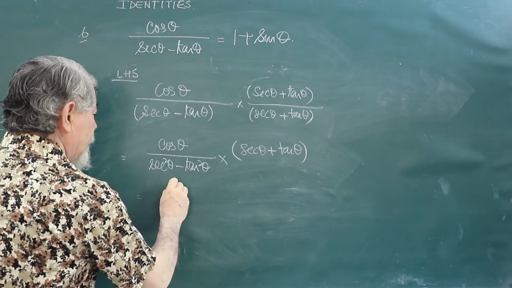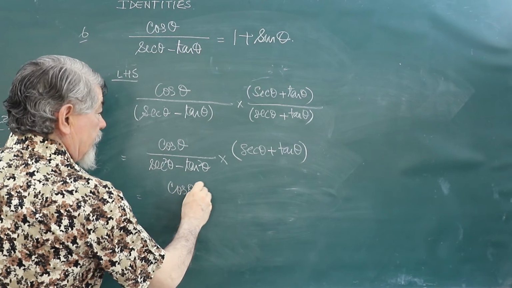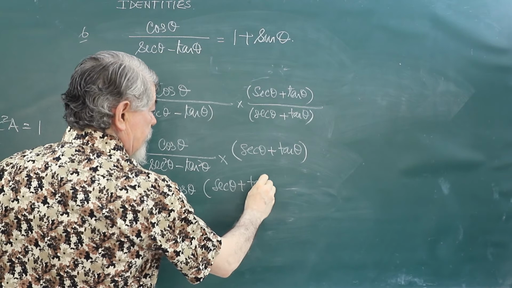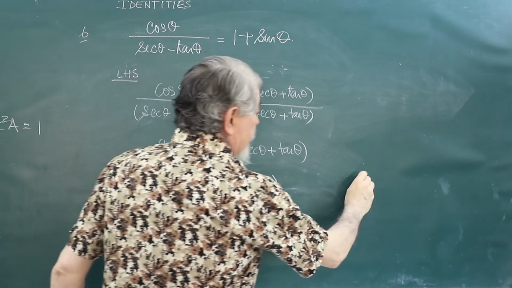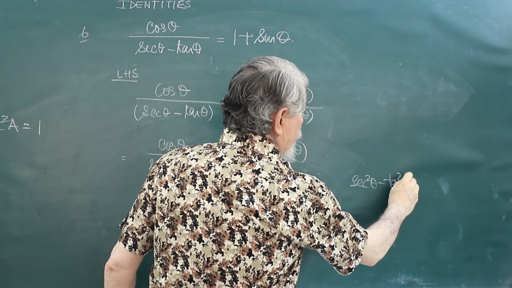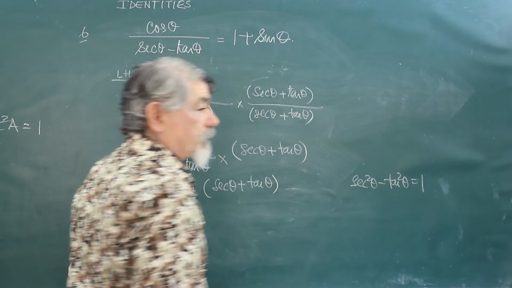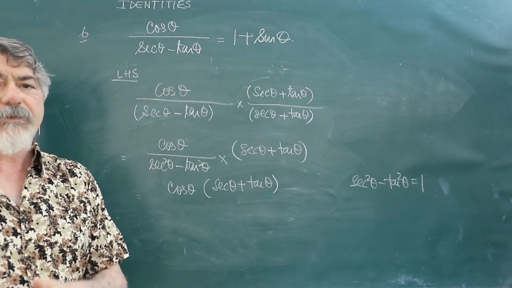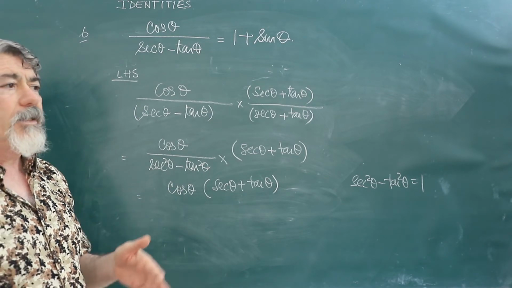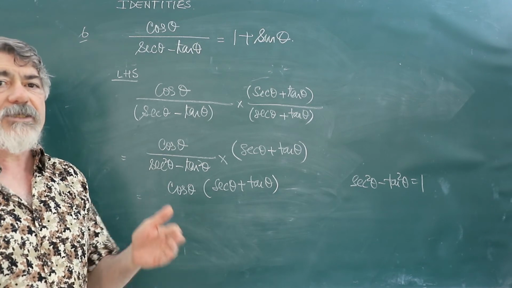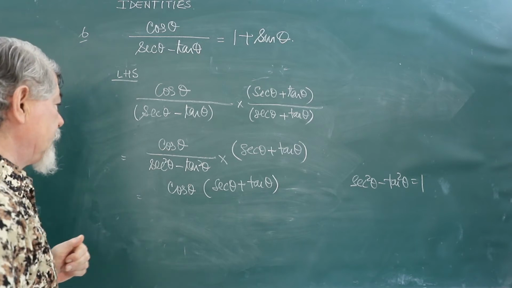So it will be cos theta into sec theta plus tan theta. These are the 3 basic identities which you had learned: sin square theta plus cos square theta is equal to 1, sec square theta minus tan square theta is equal to 1, and cosec square theta minus cot square theta is 1.